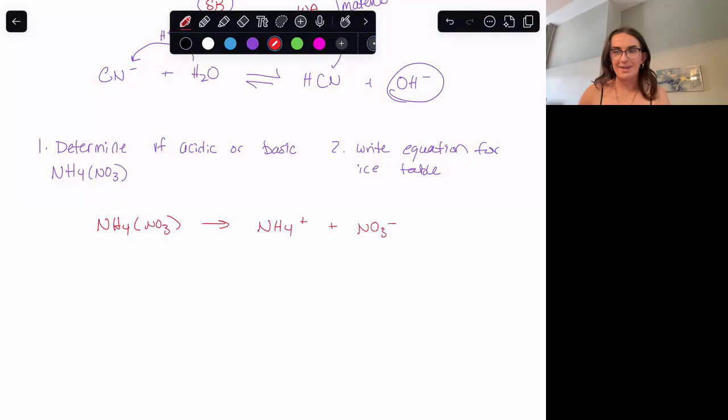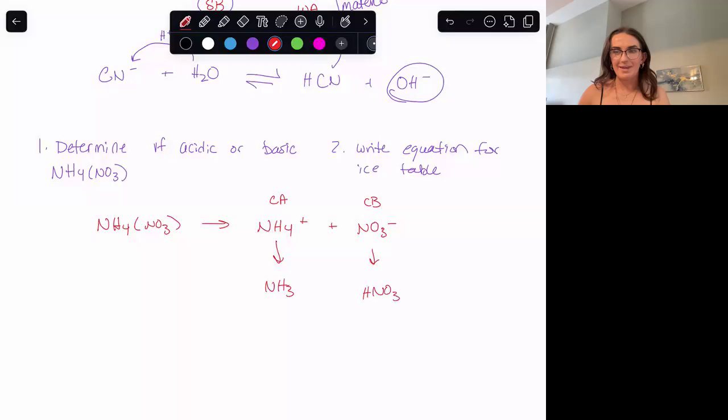And NO3 minus, we need to look at our base, which means our conjugate base. We need to have our conjugate, which means we need to add an H plus.